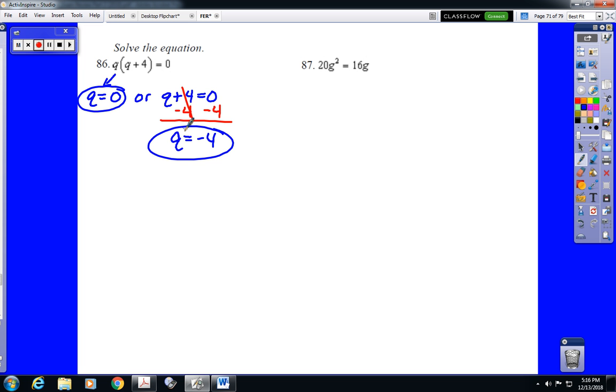87, we need it to equal 0 before we start. So we would start by subtracting 16g from each side. Notice I'm not writing it underneath 20g squared because those are not like terms. So we should just simply rearrange this to say 20g squared minus 16g equals 0. We're then going to factor out the greatest common factor. Those are both divisible by 4 and they both have a g.